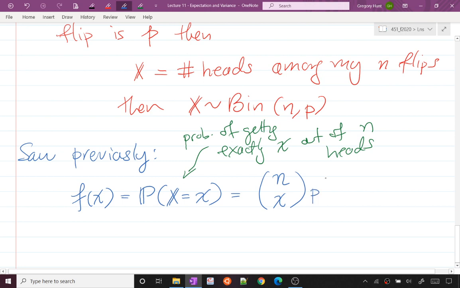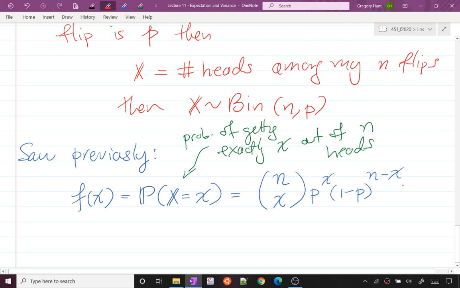And then independence says that for that arrangement, I have probability p for x of them, and 1 minus p for n minus x of them. That's the PMF, and we justified that in a previous lecture. Each of the x heads has probability p, so I have p to the x, and I have probability 1 minus p of getting tails on the remaining n minus x of them. So I get 1 minus p to the n minus x.